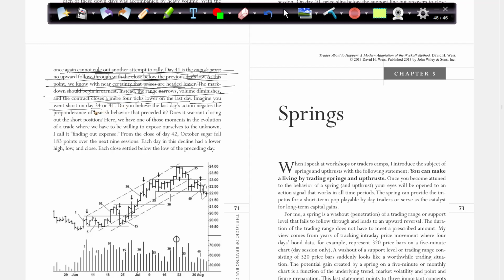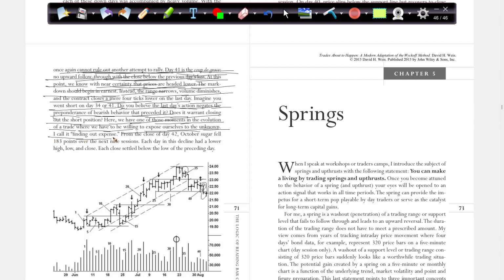Imagine you went short on day 34 or day 41. Do you believe the last day's action negates the preponderance of bearish behavior that preceded it? Does it warrant closing out the short position? Here we have one of those moments in the evolution of a trade where we have to be willing to expose ourselves to the unknown.